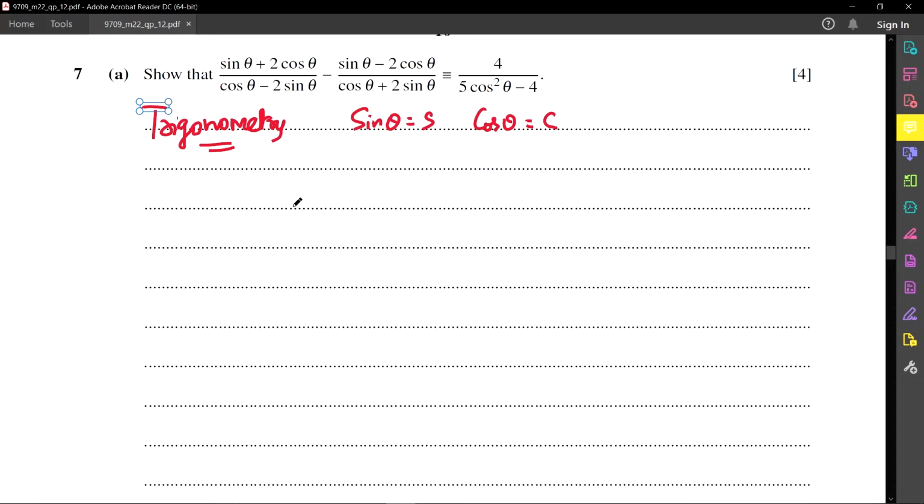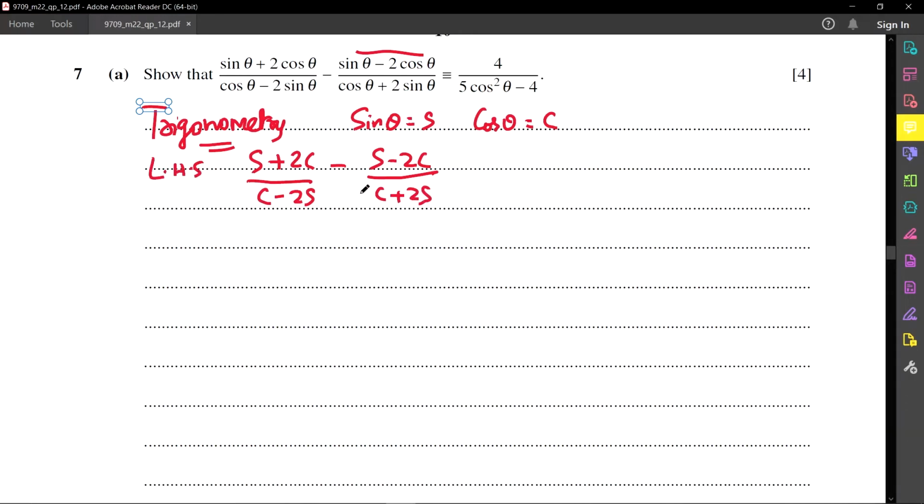So show that sine theta plus 2 cos theta by cos theta minus 2 sine theta minus sine theta minus 2 cos theta by cos theta plus 2 sine theta equal to 4 by 5 cos square theta minus 4. So this can be written as S plus 2c divided by c minus 2s minus s minus 2c divided by c plus 2s.